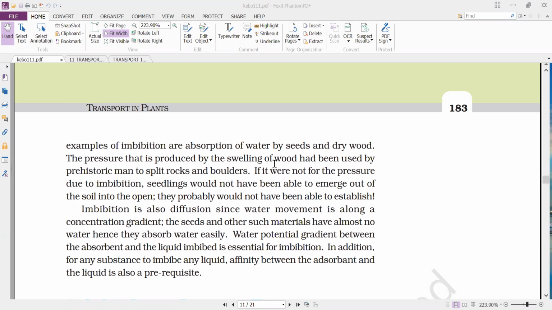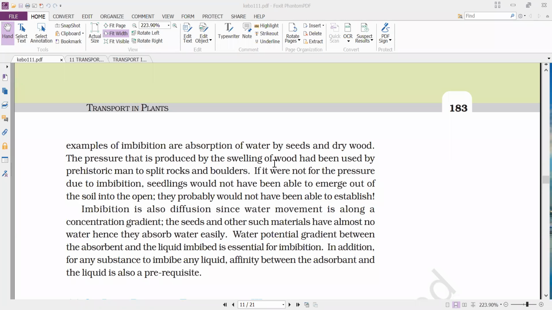Next, absorption of water by dry wood. You will experience this very clearly during the rainy season. If the wood is not properly painted, if any gaps are present in the wood, then the wood will absorb water from the moisture present in the atmosphere and swell.